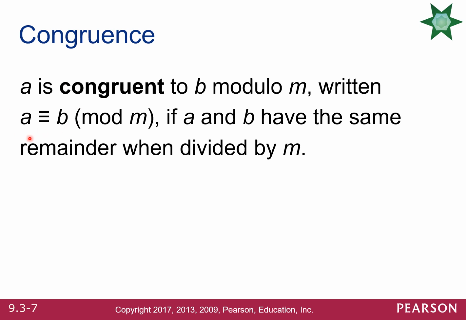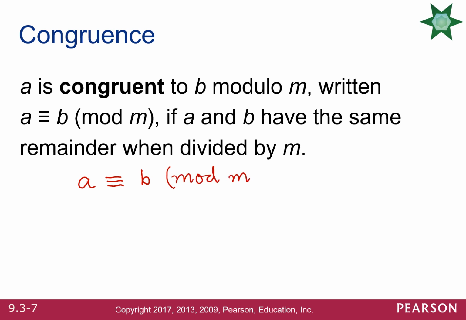They will leave the same remainder. So to use a concrete example, let's do this here. The expression in general terms is A, followed by 3 dashes, B, and then within brackets mod M.